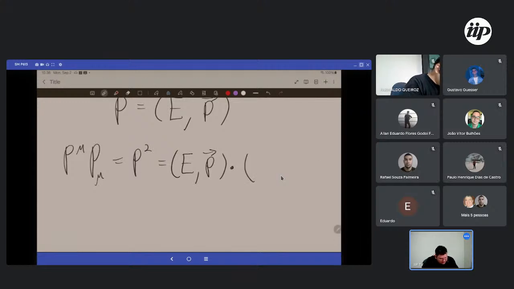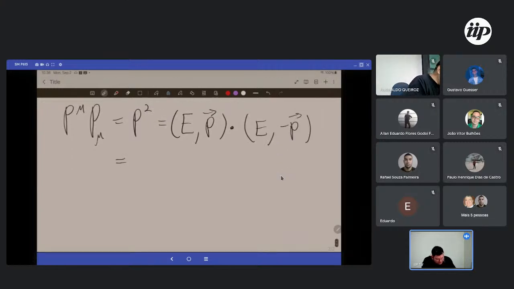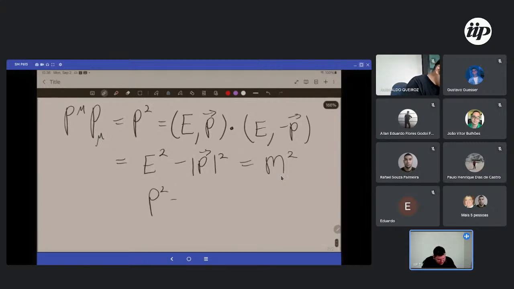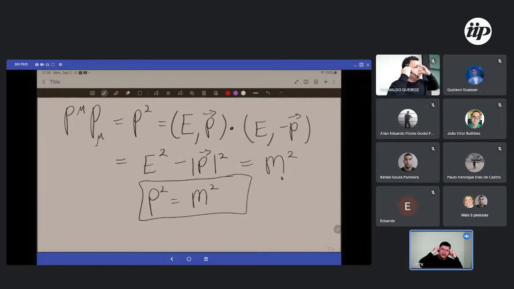So the result of that calculation is basically E squared minus P squared, element by element. And from the Einstein equation, we know that this is equal to mass squared. So P squared is equal to m squared. That equation we are going to use to derive some of the relativistic quantities that we are going to use and implement in our algorithm. So let me see.